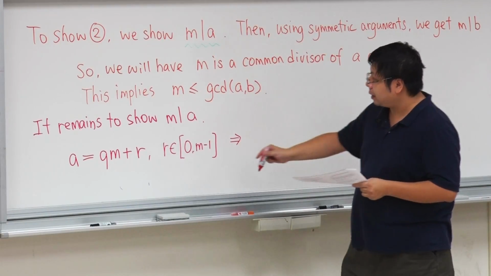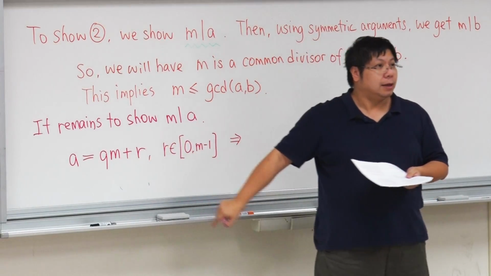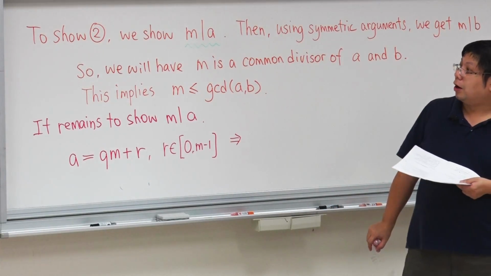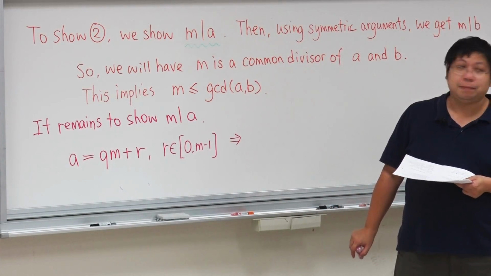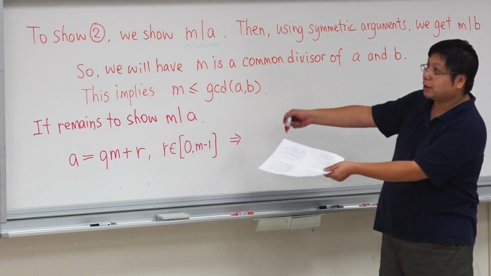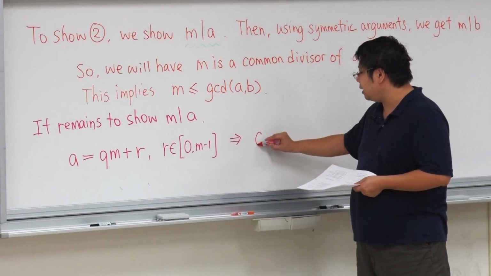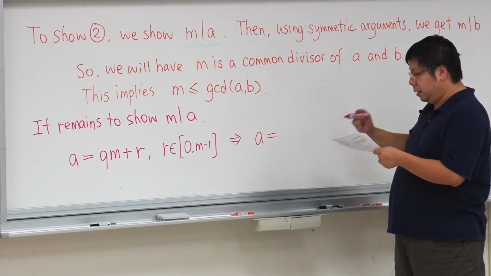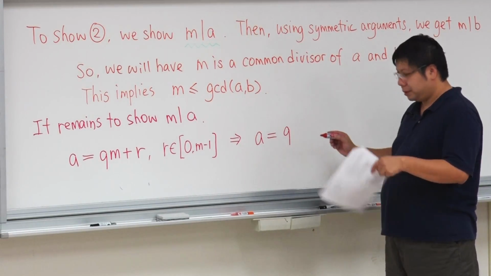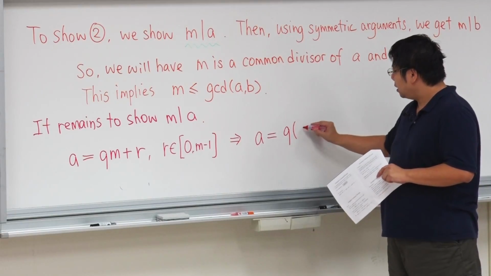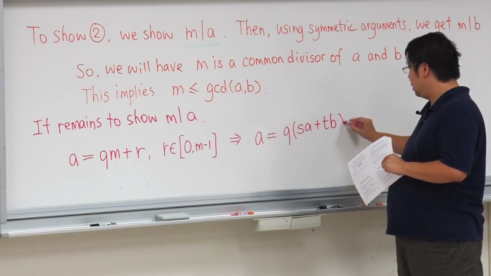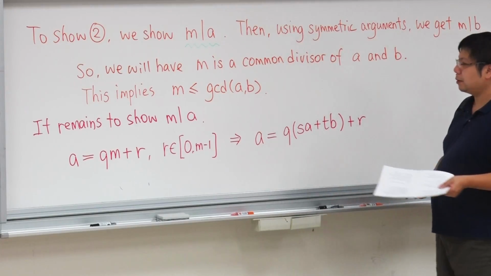First, let us recall, what is M? M is some linear combination of A and B. So we can write this as A equals Q times (SA plus TB) plus R. Is that okay?